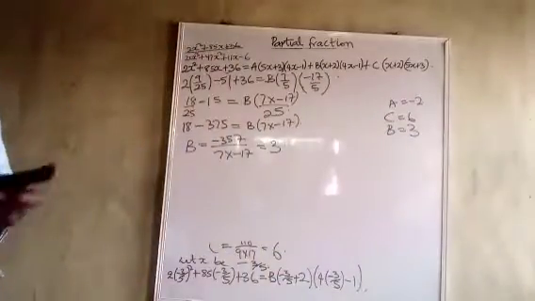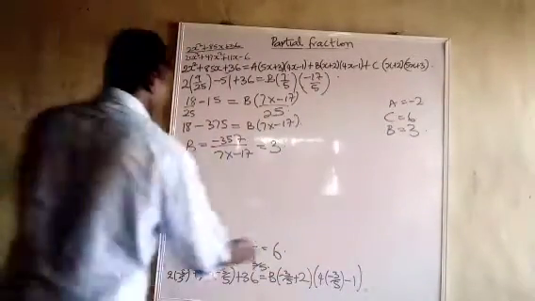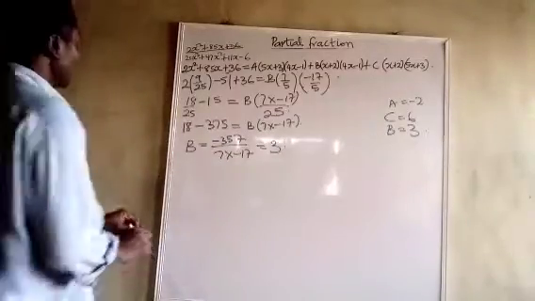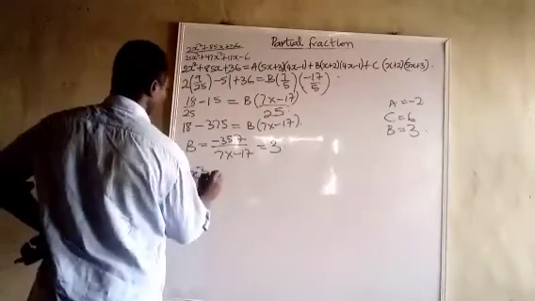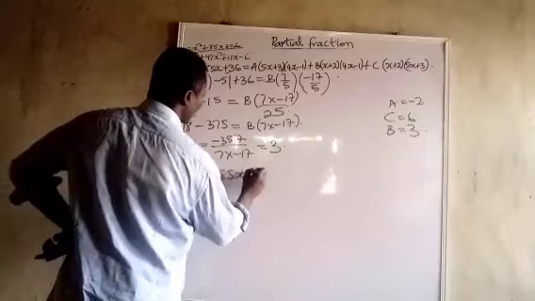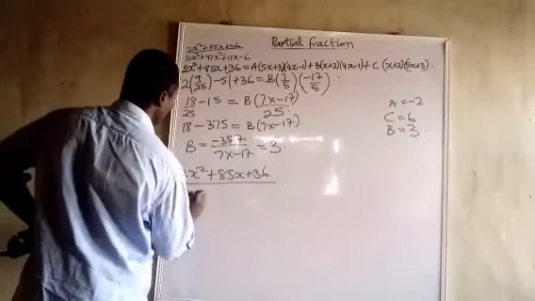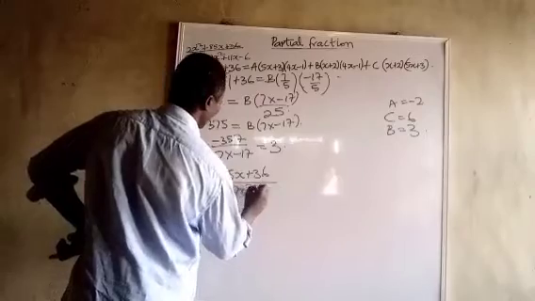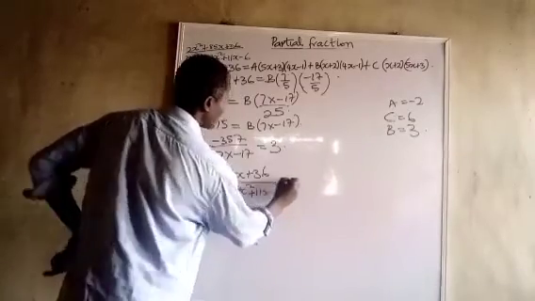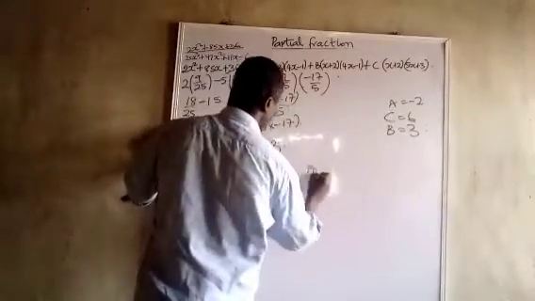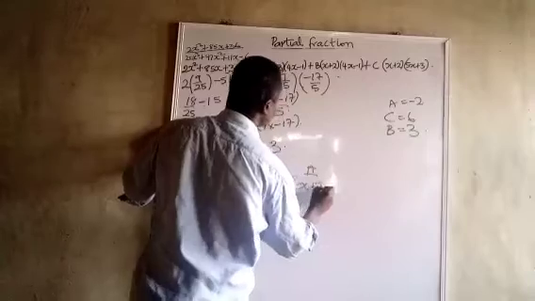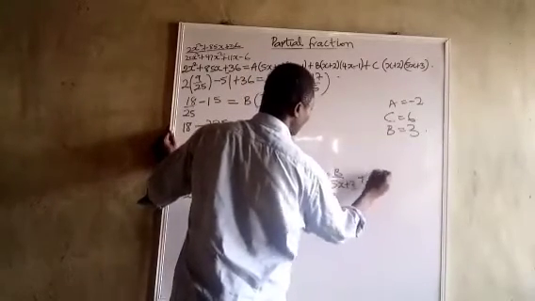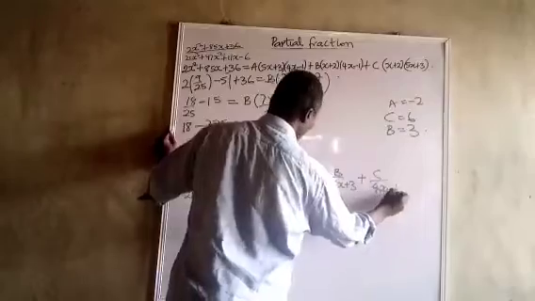So with this, we can now resolve into partial fractions fully. We have all our information. We have said that 2x squared plus 85x plus 36 divided by 20x cubed plus 47x squared plus 11x minus 6 is equal to a over x plus 2 plus b over 5x plus 3 plus c over 4x minus 1.